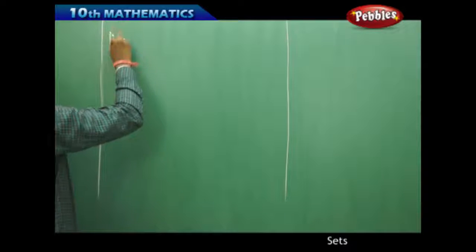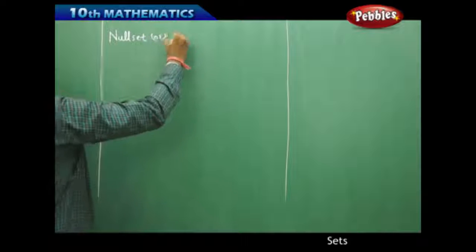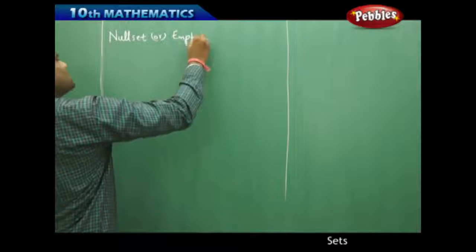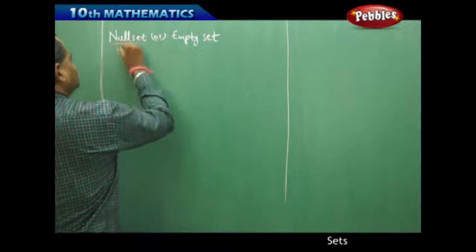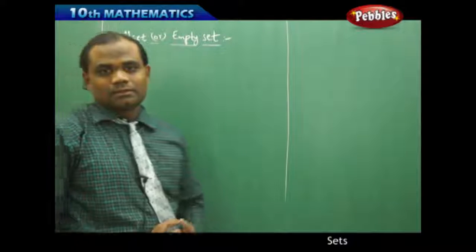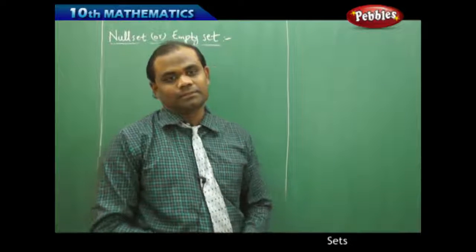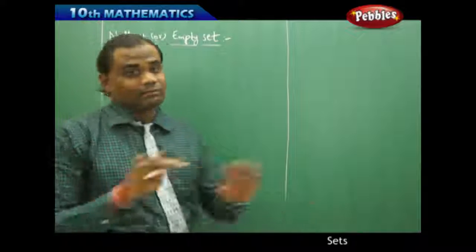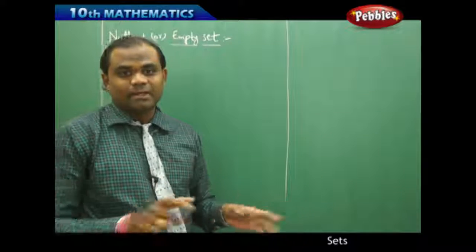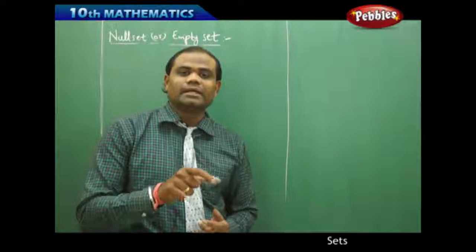So coming to the null set, it is also called the empty set. The word empty says that there's nothing inside the set. The word null, nullified or empty makes us understand that this set does not consist of any elements.